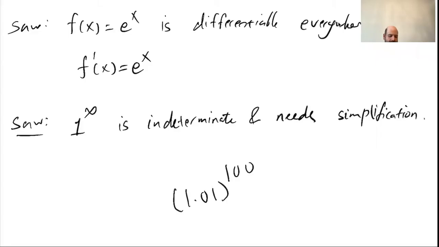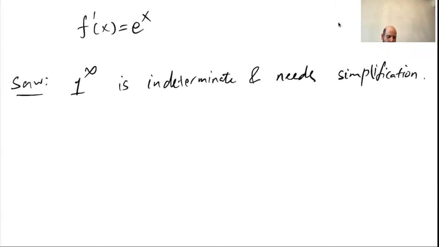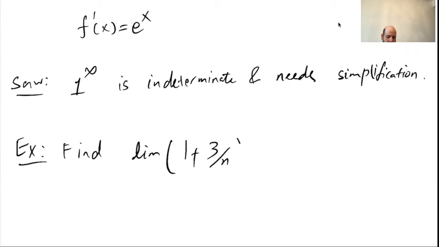So let's look at an example. Find the limit of (1 plus 3 over n) to the power n as n goes to infinity.